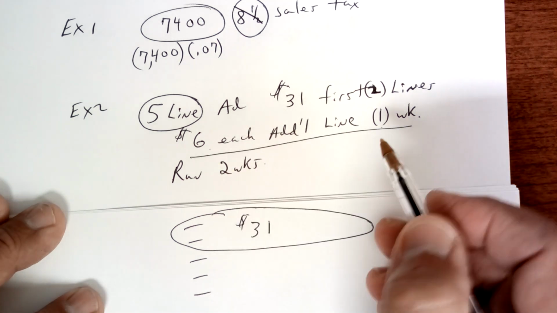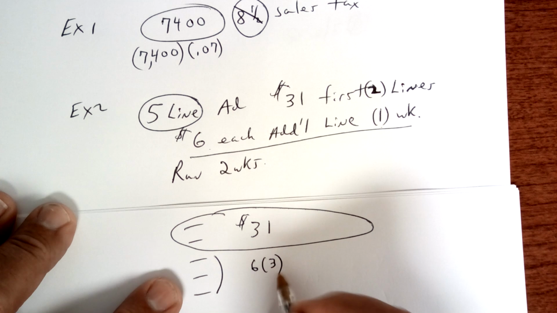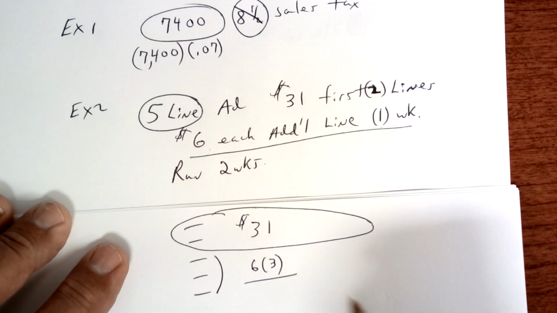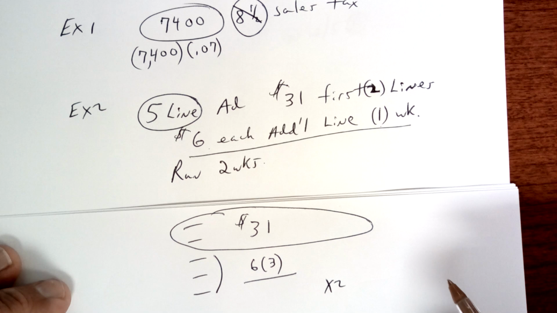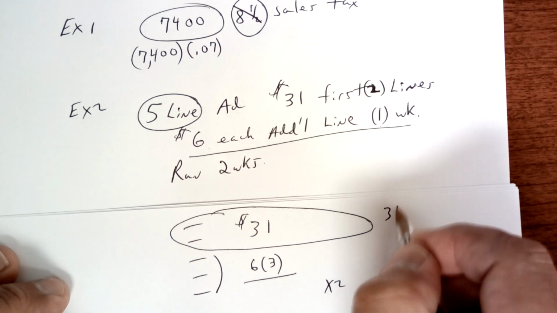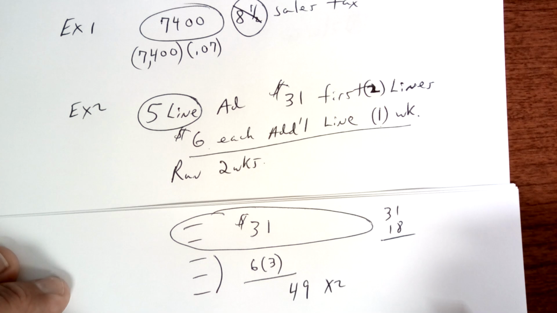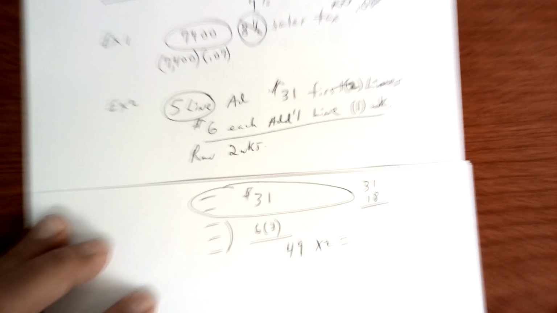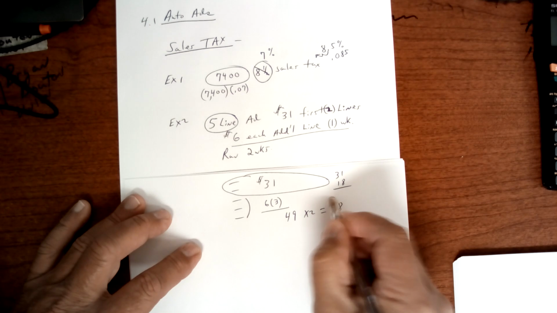So you've got 3, so it's 6 times 3. This is for 1 week, so after you get this answer, you have to multiply by 2. So this is 18, so it's 31 plus 18, which gives you 49. So it's $49, but you're doing it for 2 weeks, so it's going to be $98. Okay?